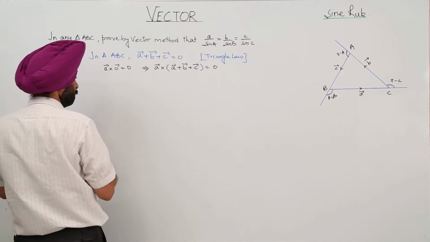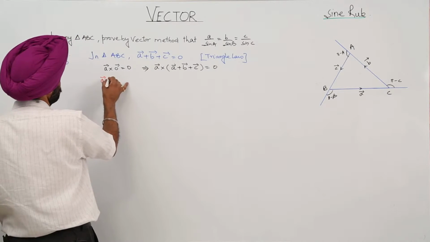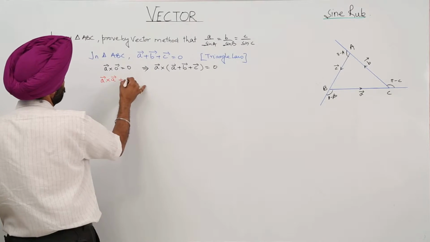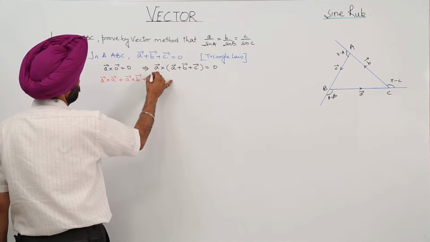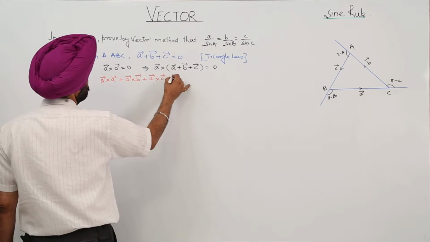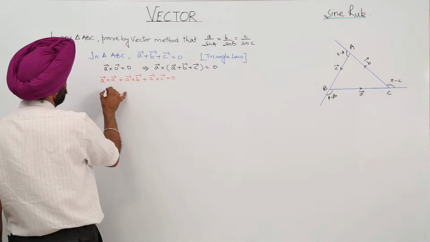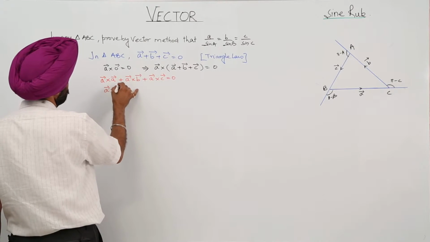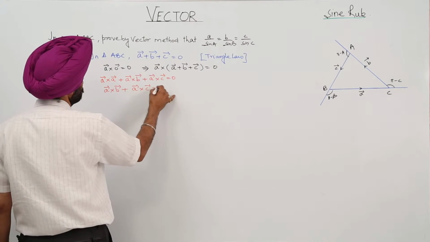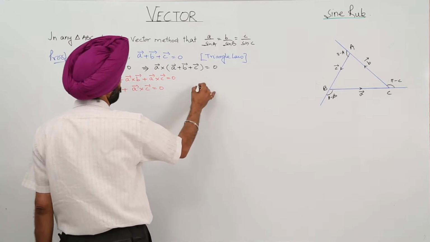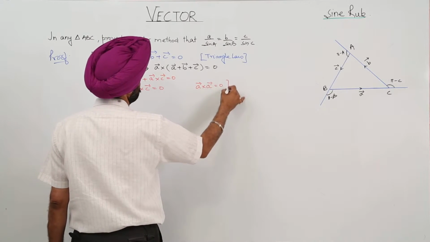Now going for the cross product, vector a cross vector a plus vector a cross vector b plus vector a cross vector c is equal to 0. Vector a cross vector a is equal to 0.